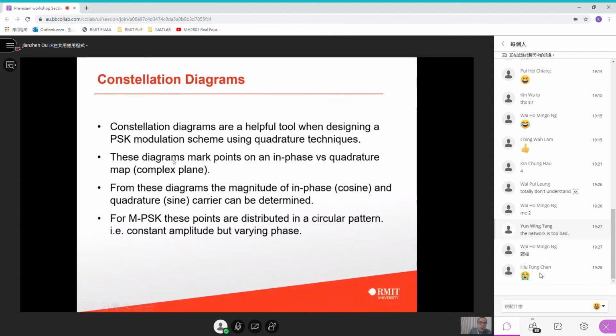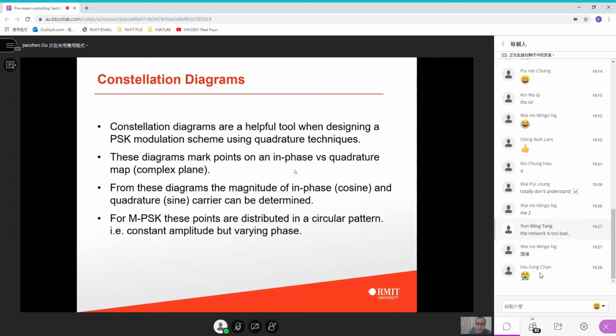So what does this constellation diagram look like? From the definition, it is the in-phase versus the quadrature map, giving a two-dimensional diagram. From this diagram, the magnitudes of the in-phase, which is the cosine, and the quadrature, which is the sine, can be determined.